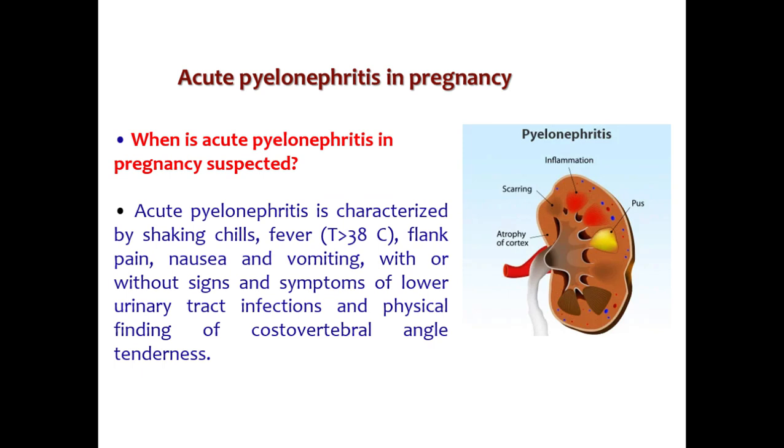How can we diagnose acute pyelonephritis, and what is pyelonephritis? Pyelonephritis is the inflammation of the renal pelvis and parenchyma. Acute pyelonephritis is characterized by shaking chills, fever, flank pain, and sometimes nausea and vomiting, with or without signs or symptoms of lower urinary tract infection, which are dysuria, frequency and urgency.